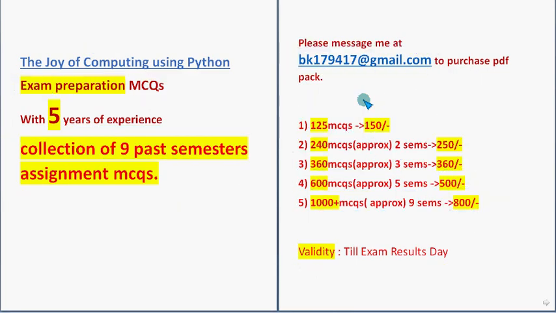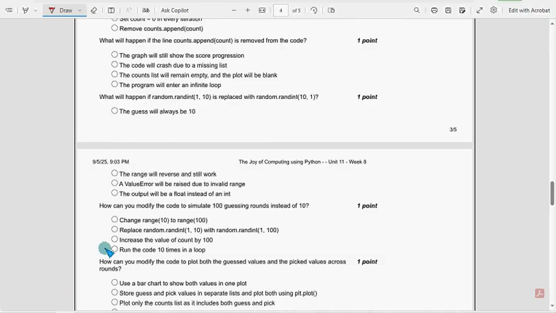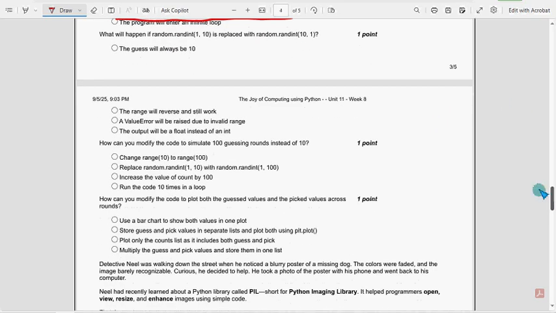So that's it, guys. Now let's get back to the solutions. For the 17th question, the third option is the probable solution. Next, the 18th one. For the 18th question also, the third option: a value error will be raised due to invalid range.